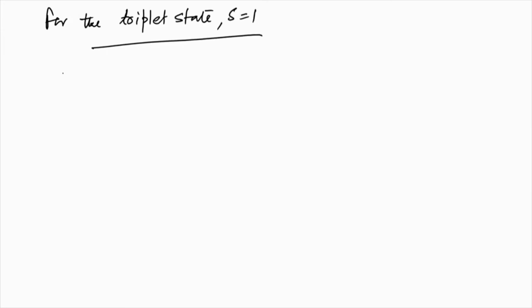Whereas, for the triplet state, which corresponds to S equal to 1, that will have 1 into 1 plus 1 h cross square for the left hand side, which is equal to 3 by 2 h cross square plus twice of S 1 dot S 2. So, this is equal to 2 h cross square.